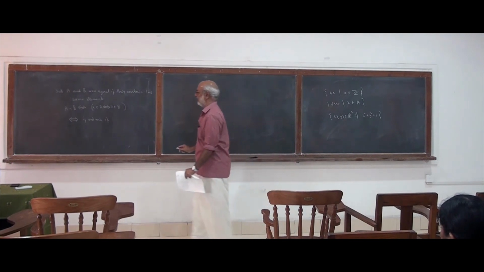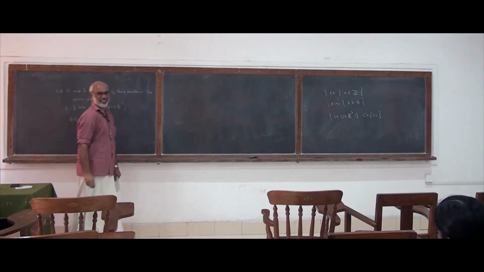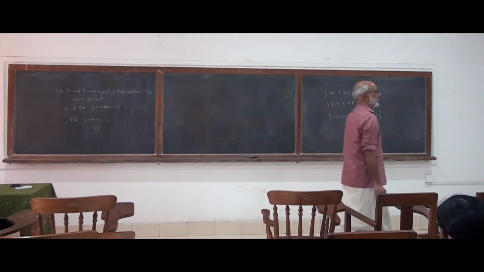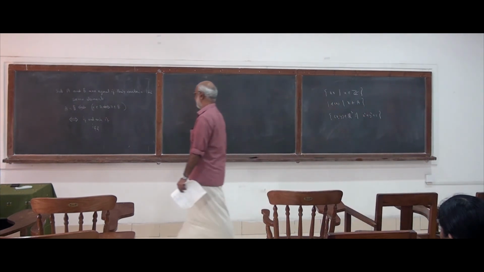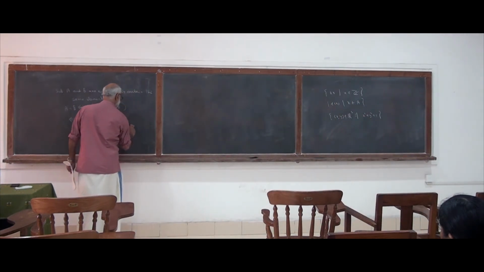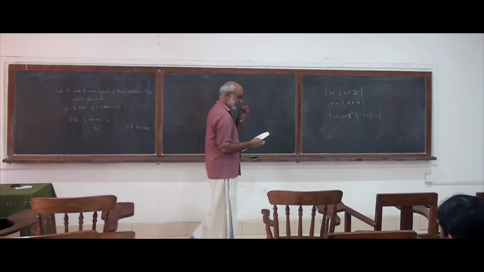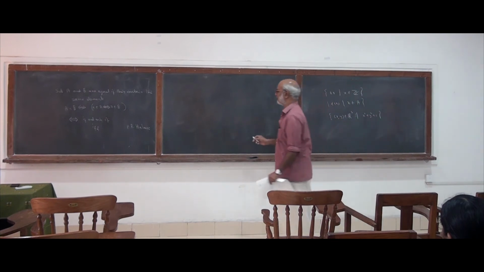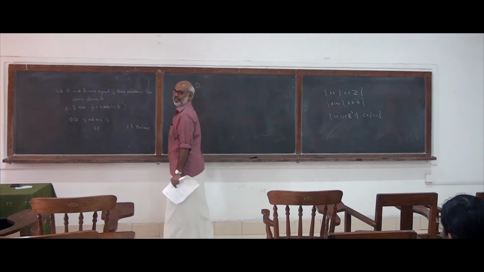Some people are abbreviating this as IFF. That is also common. And it is heard that this technique was introduced first by the famous textbook writer P.R. Halmos. In fact, it was he who introduced the symbol to denote the end of a proof.